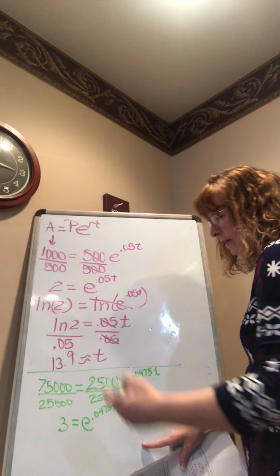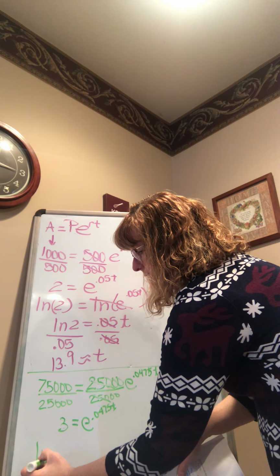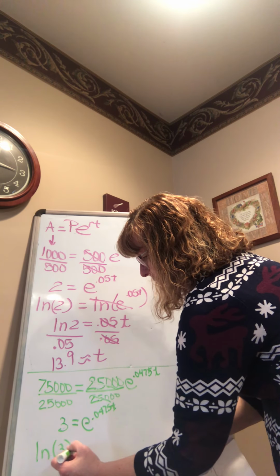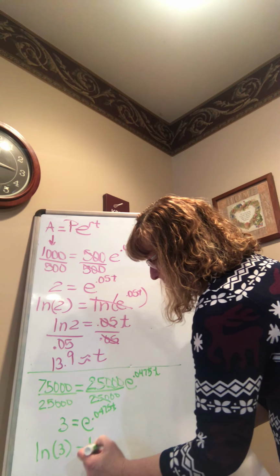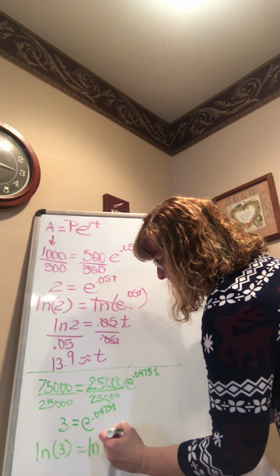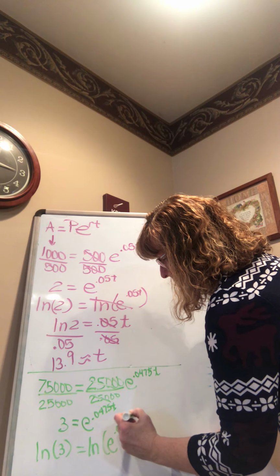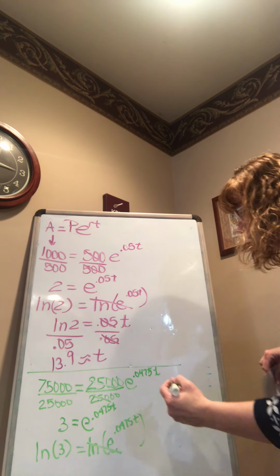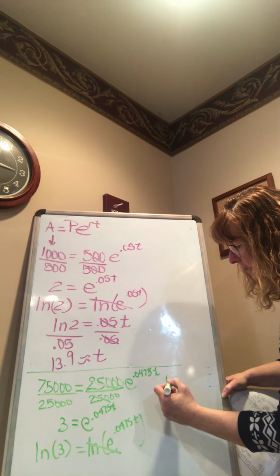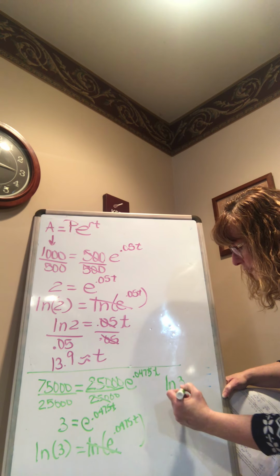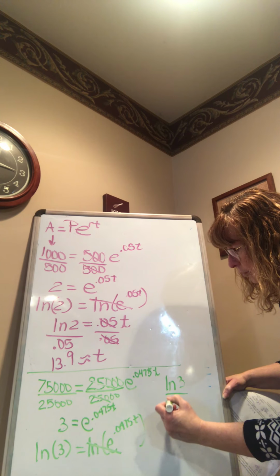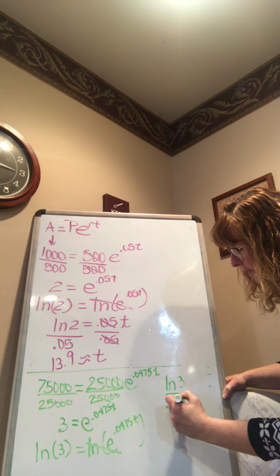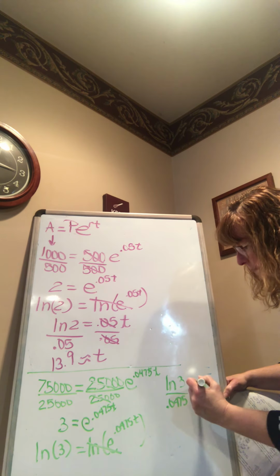So now again, I've got to add a natural log on both sides. And the natural log and e are going to cancel. So now if I take my calculator and I have the natural log of 3 and I divide it by 0.0475, that's going to give me the time.